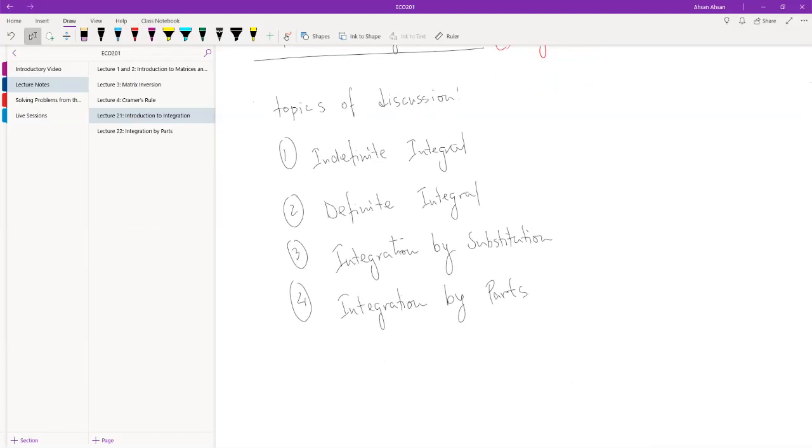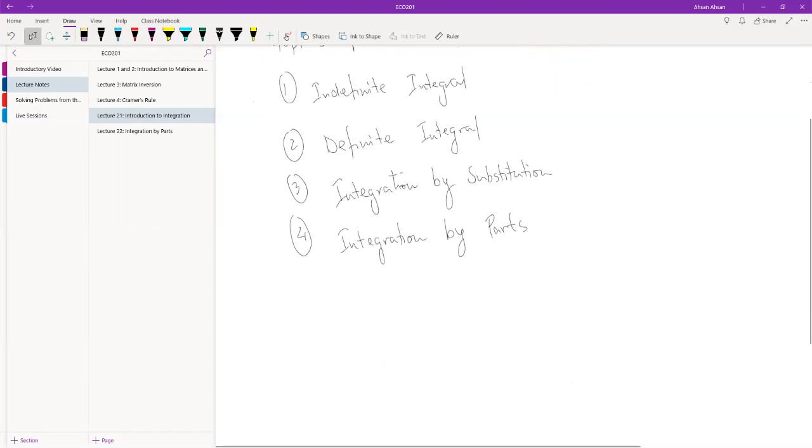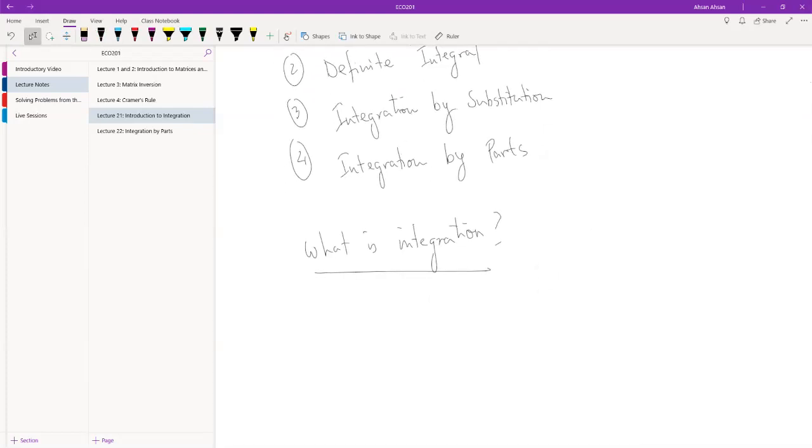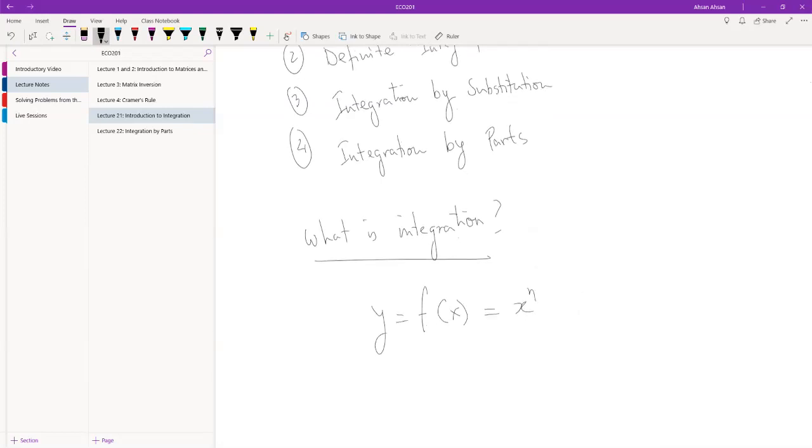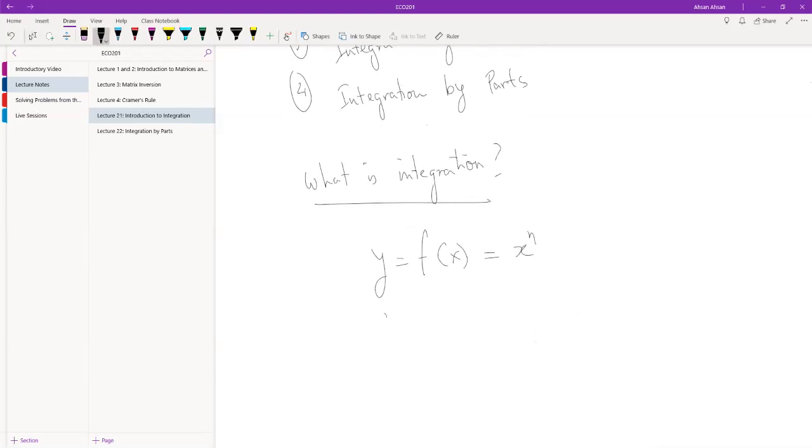So let's jump straight into it and talk about what integration is. Let's start with differentiation, the most basic form. If you have y equals f(x) equals x to the power n, and we want to differentiate this, we write dy/dx, or f prime x, which equals n times x to the power n minus 1.